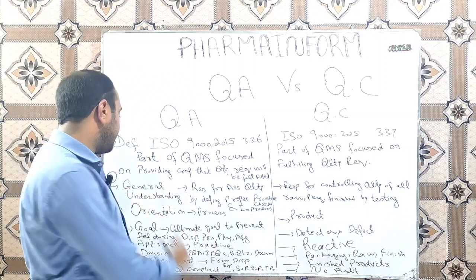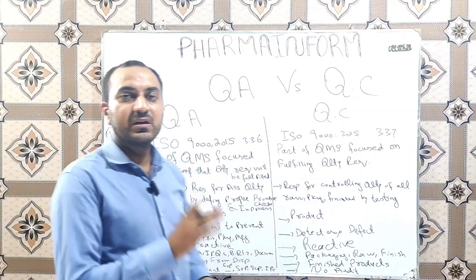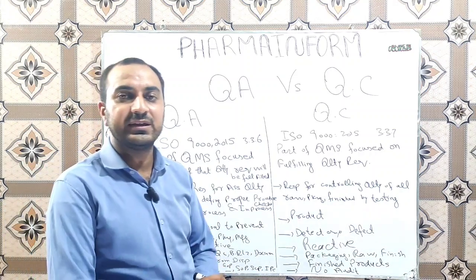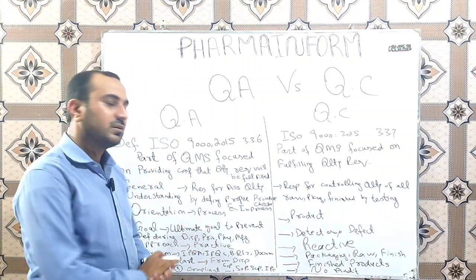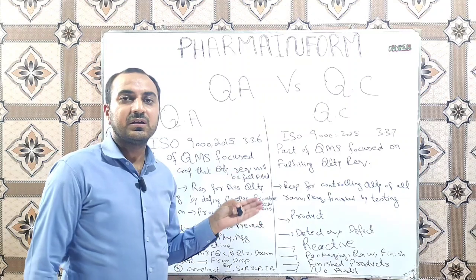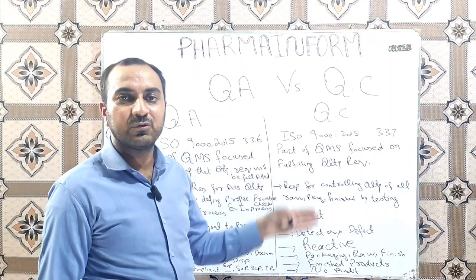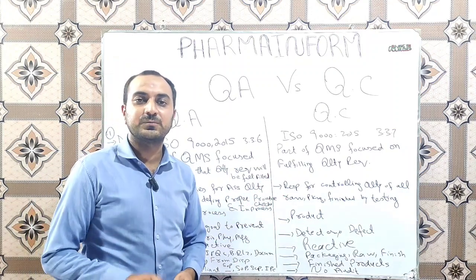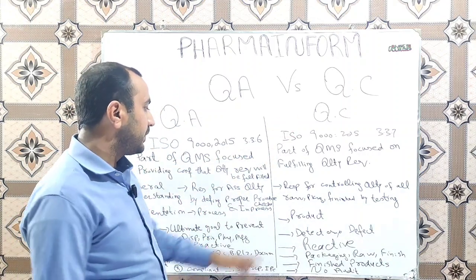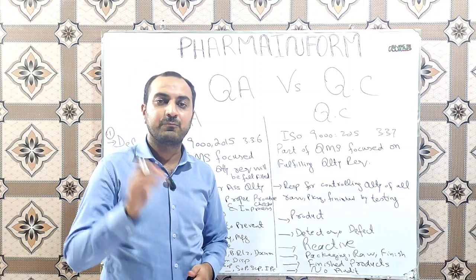So the next difference is the goal. What is the goal of QA and what is the goal of QC? The ultimate goal of QA is to prevent any defect in the product during dispensing, packaging or manufacturing. Mean, QA tries to prevent defects during all the procedures or processes which are going on in pharmaceutical industries, and the quality control department's ultimate goal is to detect any defect in the product.